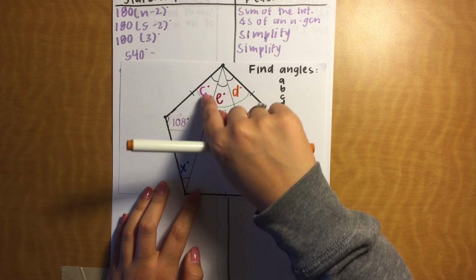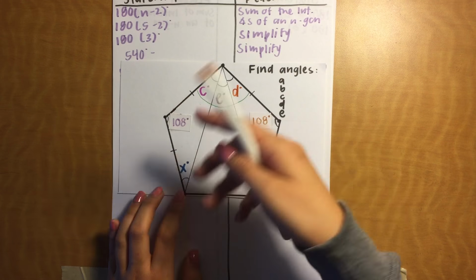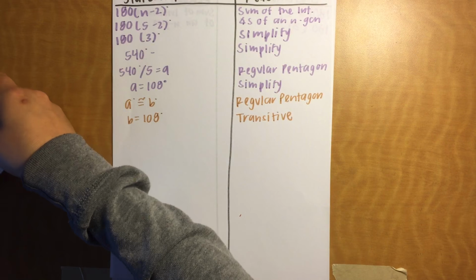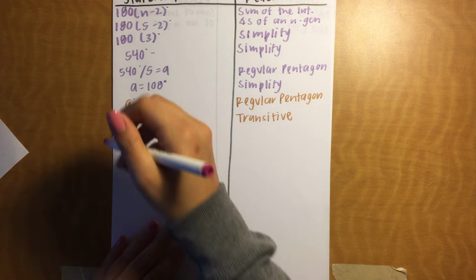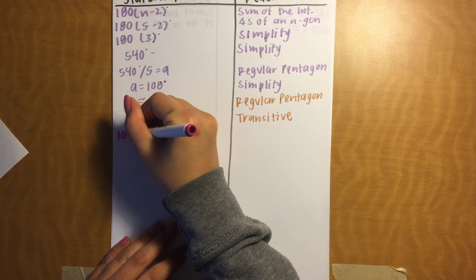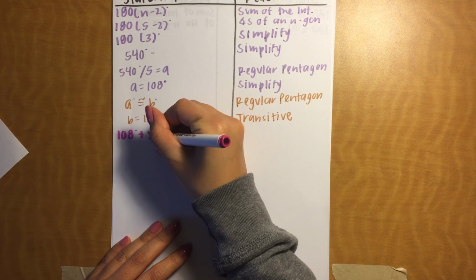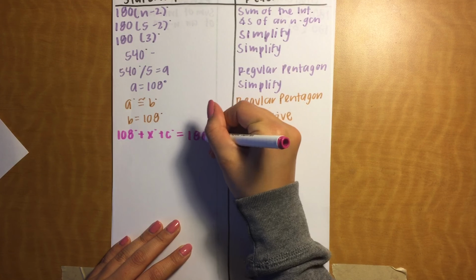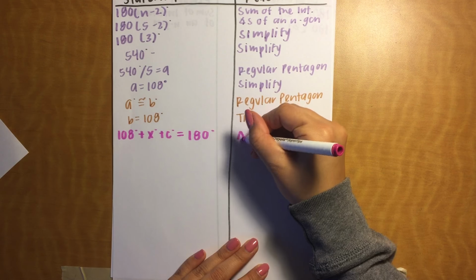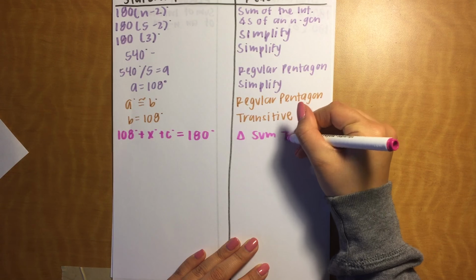So we know that X is going to be congruent to angle C. So let's write out the triangle sum theorem first for angle C. We know that 108 degrees plus X degrees plus C degrees is going to equal 180 degrees. And that's just the triangle sum theorem.